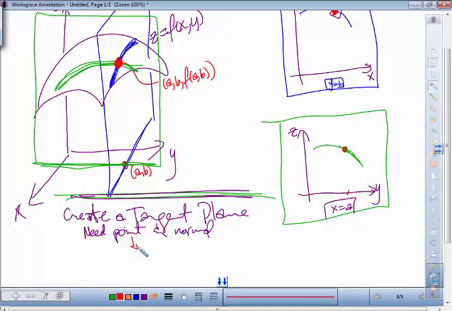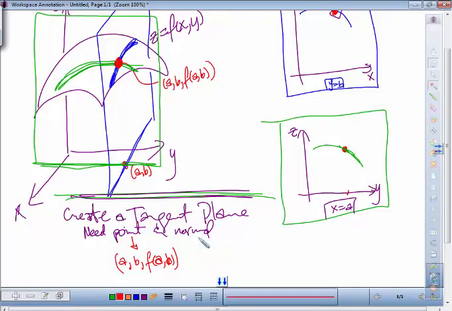In fact, our point is given by (a, b, c), remember? But we can actually write it as f(a, b). That's essentially putting your two-dimensional point (a, b) into the z function, which gives us the height, this z component. So we have a point.